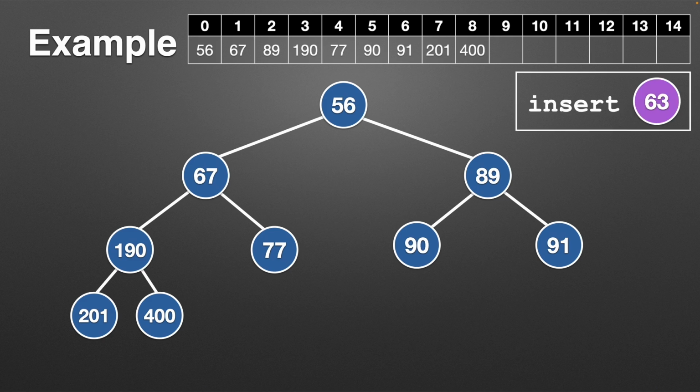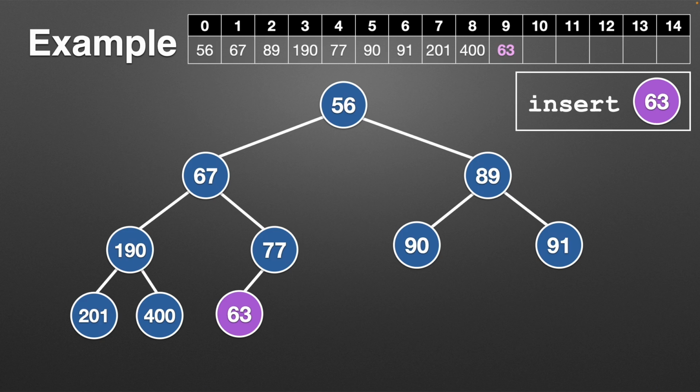And so, for example, let's say we want to add 63 to our heap. So remember, we always just add to the bottom level and all the way as far to the left as we can. So in this case, where will 63 go initially? Yes.